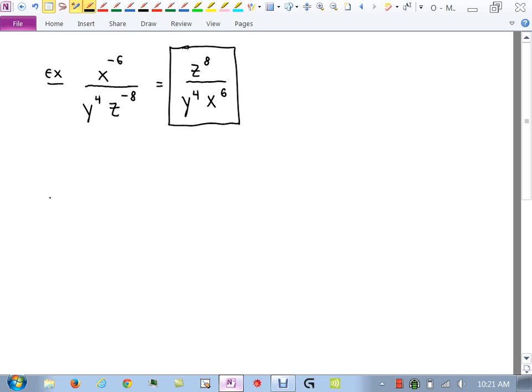How about this one? X to the 7th, x to the negative 4 over x to the 20.